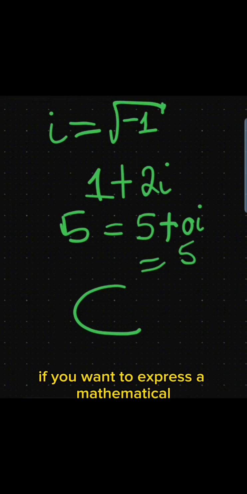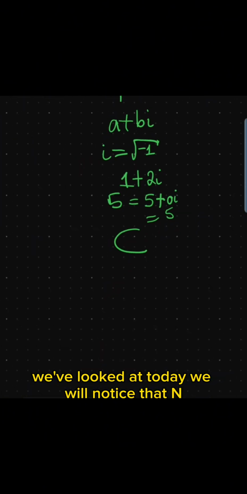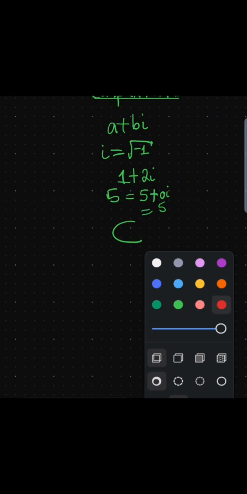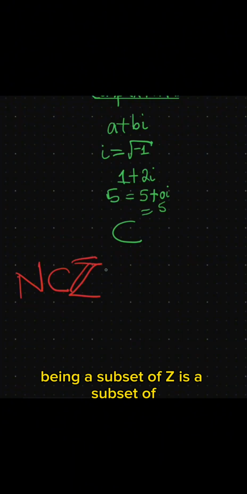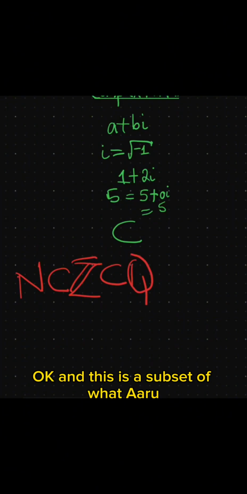So if you want to express in set language all of these types of numbers we've looked at today, we will notice that N is a subset of Z, which is a subset of Q, and this is a subset of what?